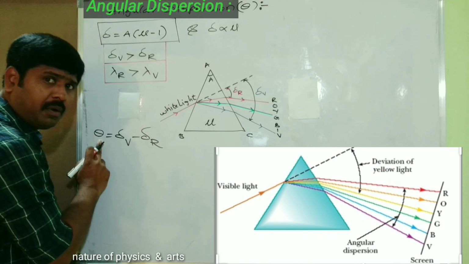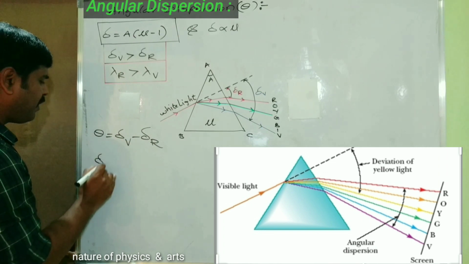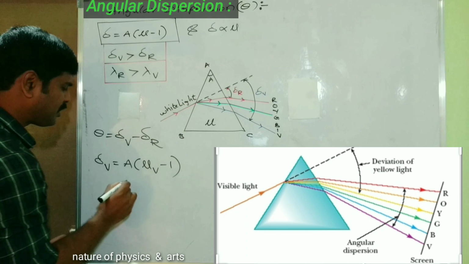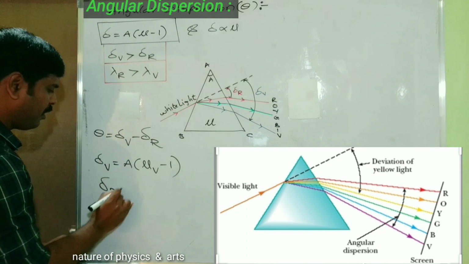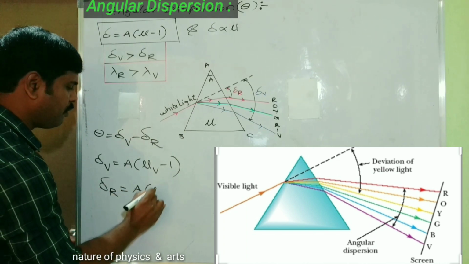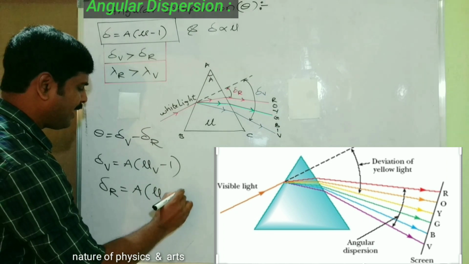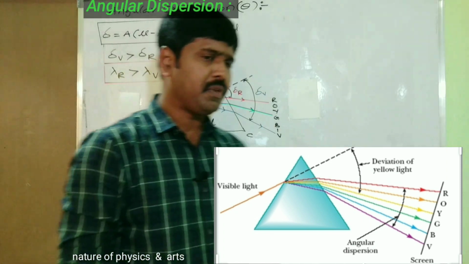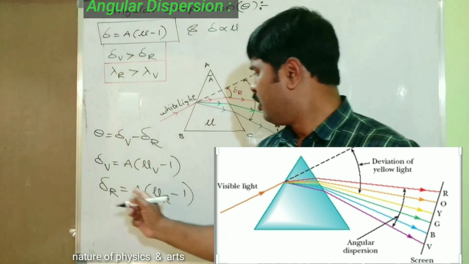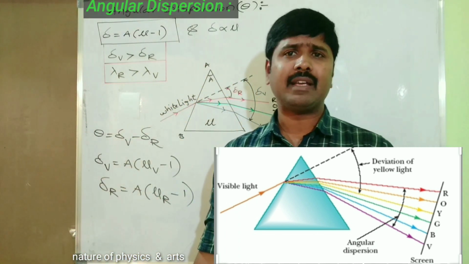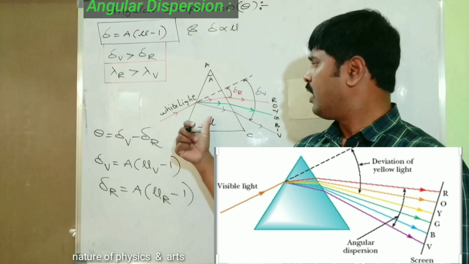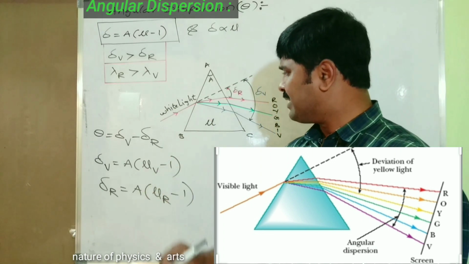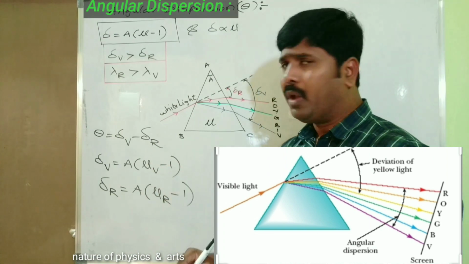Now delta V equals A into (mu V minus 1), and delta R equals A into (mu R minus 1). Here mu V is the refractive index of the violet color and mu R is the refractive index of the red color in a prism. Now we can replace these values in the above equation.